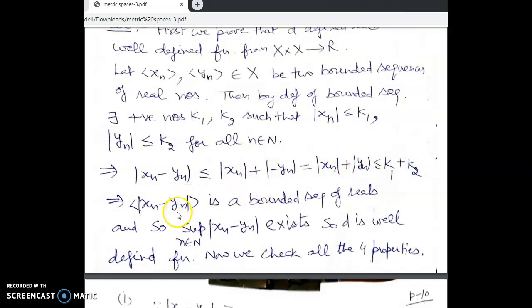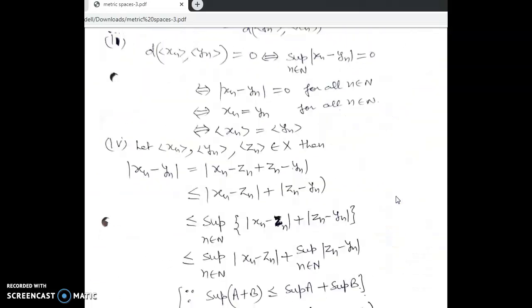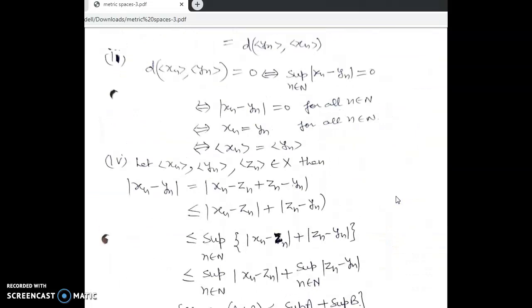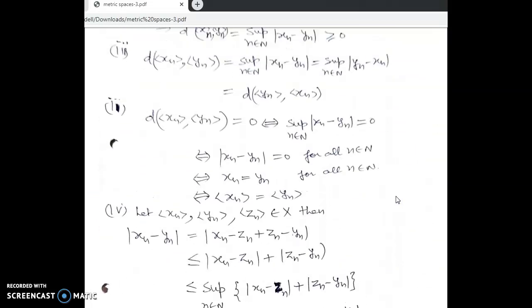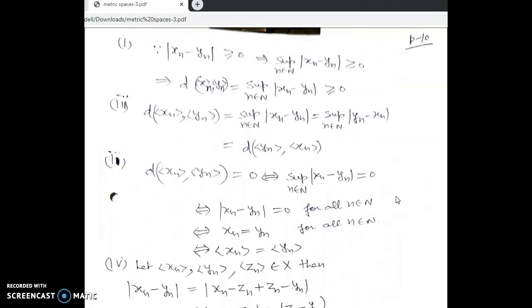Therefore mod of xn minus yn is also a bounded sequence of real numbers, and therefore this d function is well defined. Now we check all the four properties one by one.